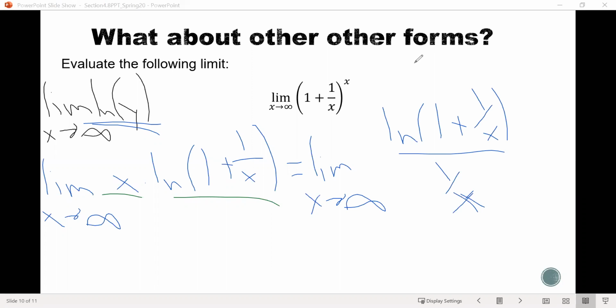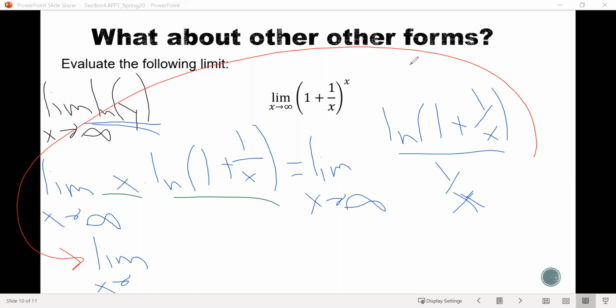And now we can use L'Hopital. We'll take the derivative of both the top and the bottom here. So we'll end up with the limit as x goes to infinity. We take the limit of the top here. We have an ln, so that means we're going to get 1 over what's there inside the ln, times, we have to use the chain rule to multiply by the derivative of the inside here.